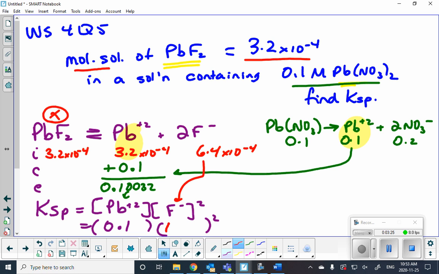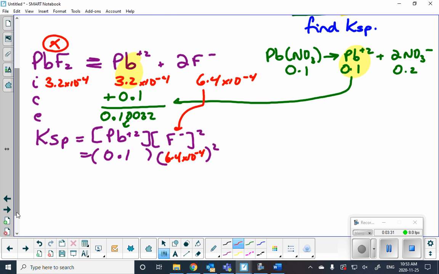We figured that out as 6.4 times 10 to the minus 4. And of course, order of operations tells us to square this first and then multiply it by 0.1. And this works out to 4.1 times 10 to the minus 8, which is the KSP for lead fluoride if it's in a solution containing lead nitrate.